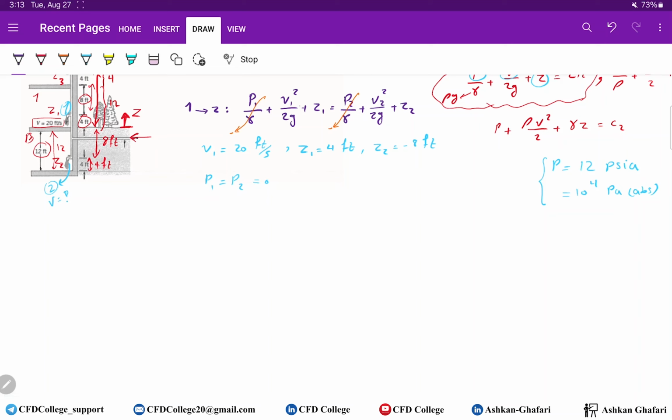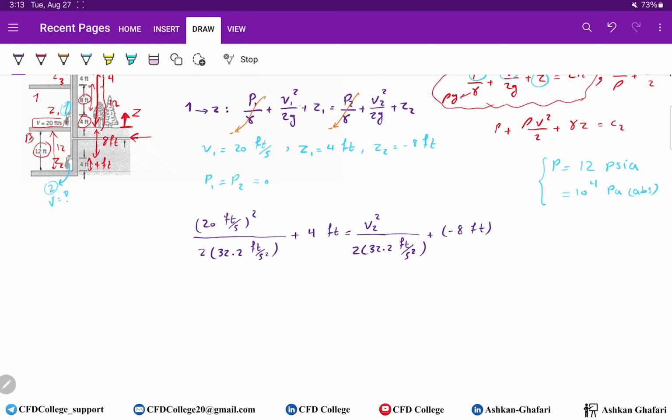So V1, which is 20 feet per second square, divided by 2 times gravity, 32.2 feet per second square, plus Z1, 4 feet, equals V2 square divided by 2G, 2 times 32.2 feet per second square, plus minus 8 feet.